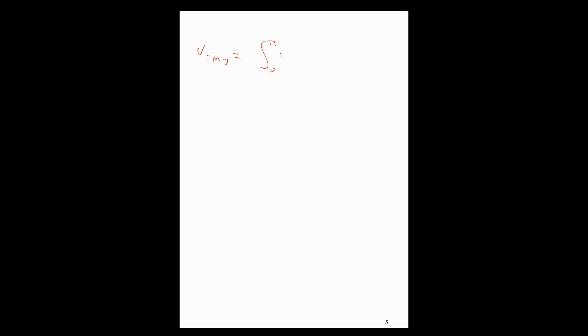So that's Vm sine omega t, right? So we need to square this, and we are integrating with respect to d omega t, and we're taking the average over one cycle. So that's 1 divided by 2 pi.